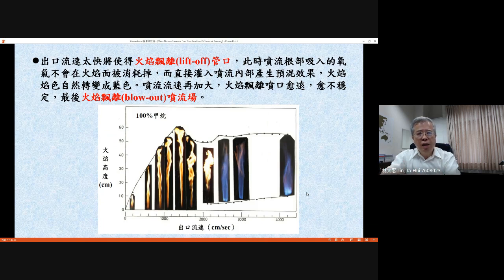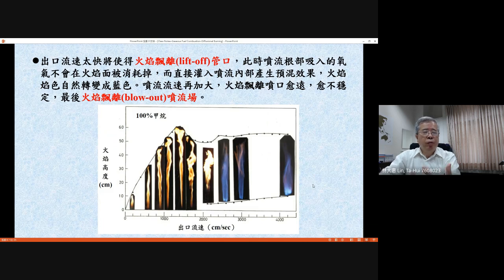Then this flame cannot survive at these positions. This is the so-called blowout, which means that the stability of a given jet diffusion flame is limited by two important characteristics. One is the flame lift-off. The flame will sit at certain positions in your flow, and finally you will find the flame cannot sustain the very high turbulent intensity. Then it will blow out.